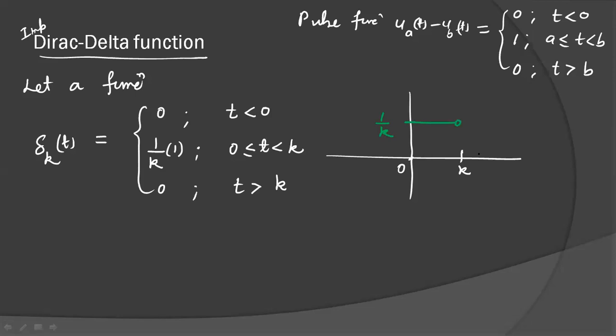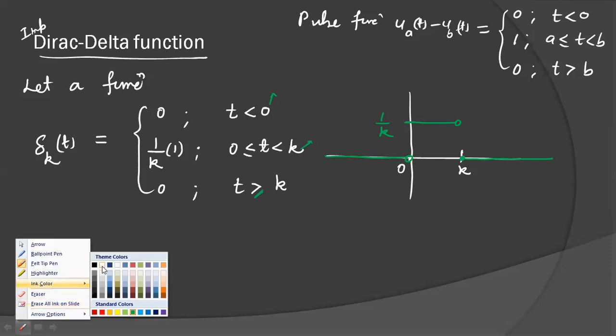But at k, there is an equality sign here; at k it becomes 0. So there is a jump discontinuity, and up to t less than 0, the value is 0. So two points are jump discontinuities, t equal to 0 and t equal to k. Both are jump discontinuities.